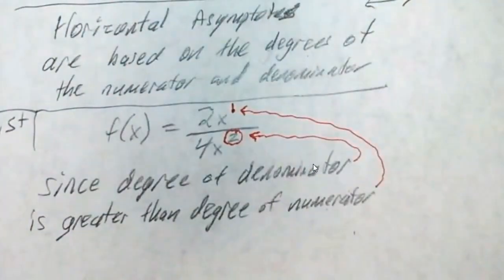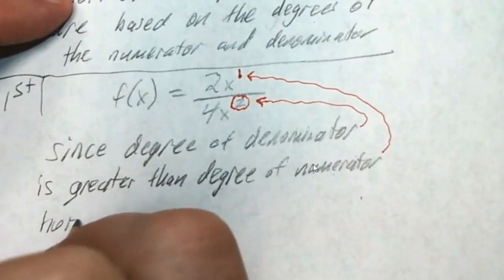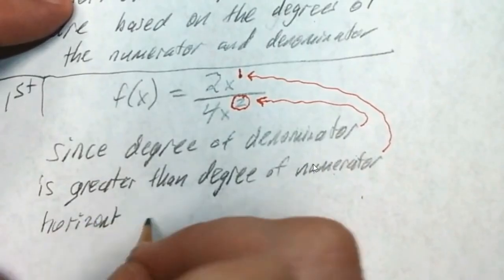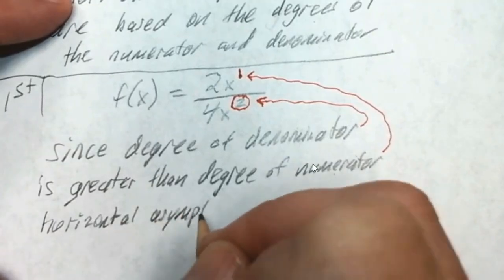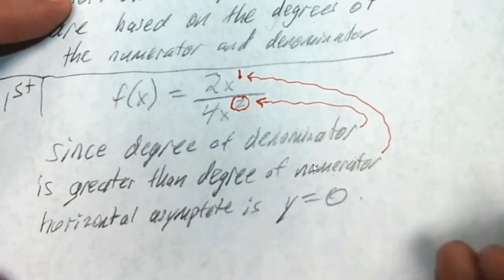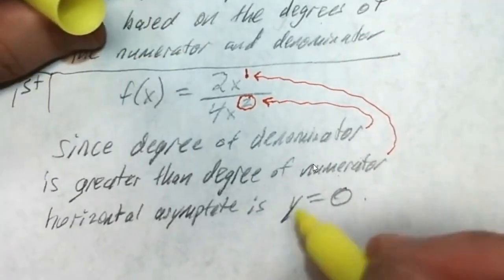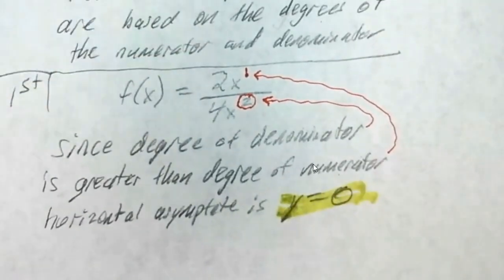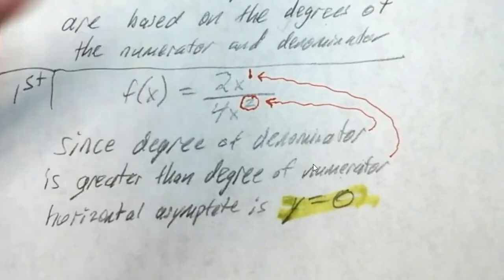Because it doesn't show an exponent, it's a 1. The horizontal asymptote is y equals 0. It will have an asymptote at y equals 0 because the degree of the denominator is larger than the degree of the numerator.